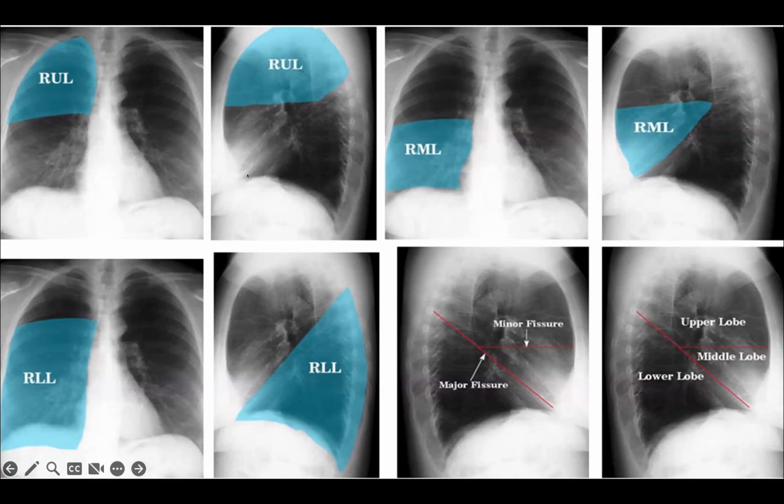The right middle lobe, which is triangular in shape in the lateral view, projects over the heart and has that triangular shape because it's bounded by the major oblique fissure and the minor horizontal one. Therefore, the lower lobe projects on the posterior and lower aspect on the lateral view.